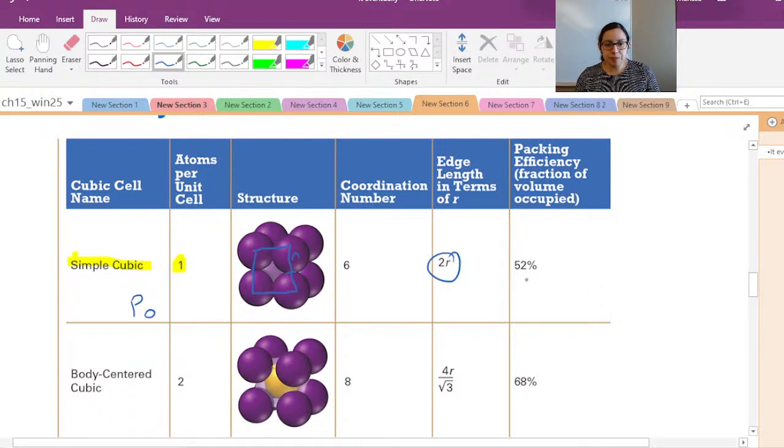Coordination number, I have to look back specifically how you calculate it, because it depends on how many neighbors each one is seeing. I believe each individual one is seeing 6, but that's not very clear from this structure.